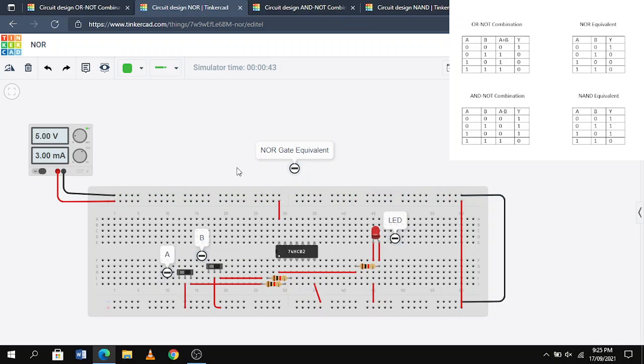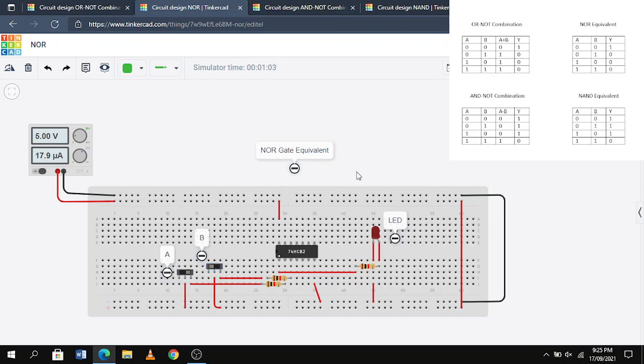So next we go to 0 1 and 1 0, you can see that the LED is turned off at logic 0. It is also the same when it is at 1 0.